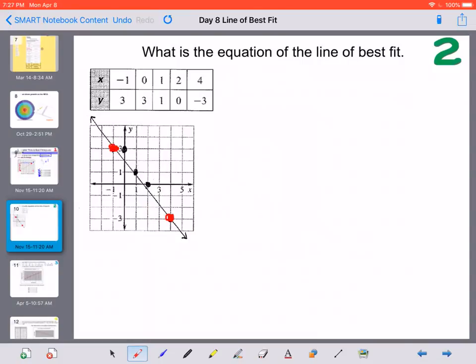So if we count that slope, it's going down, so it's going to be negative. So our m is going to be negative 1, 2, 3, 4, 5, 6 over 1, 2, 3, 4, 5. So negative 6/5.